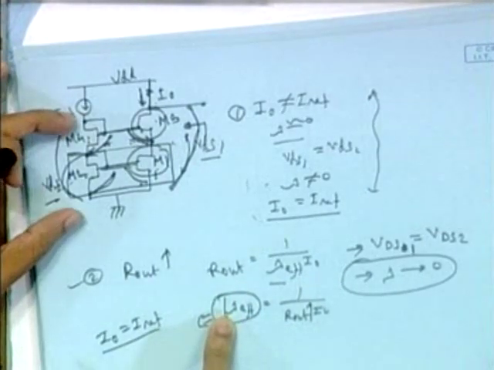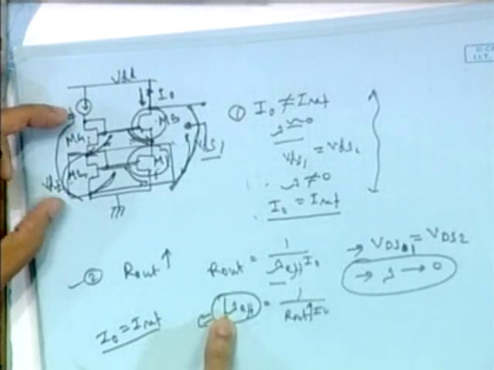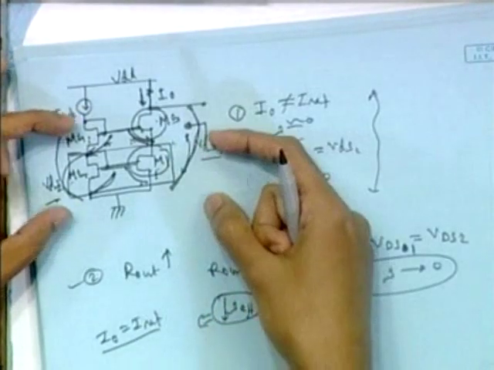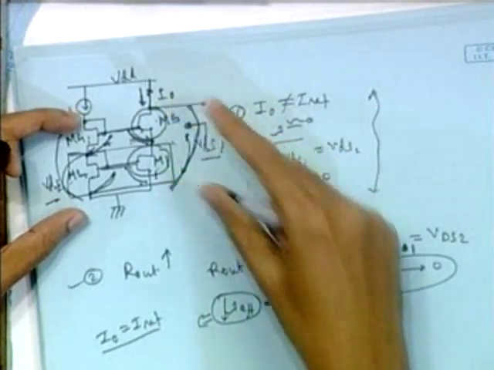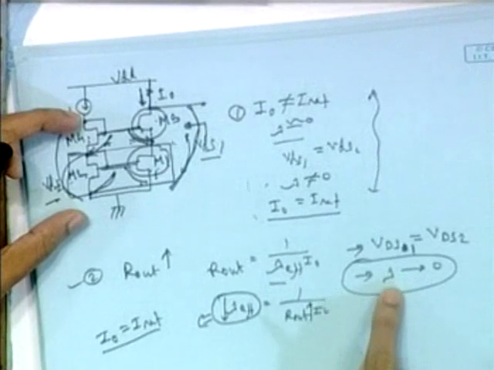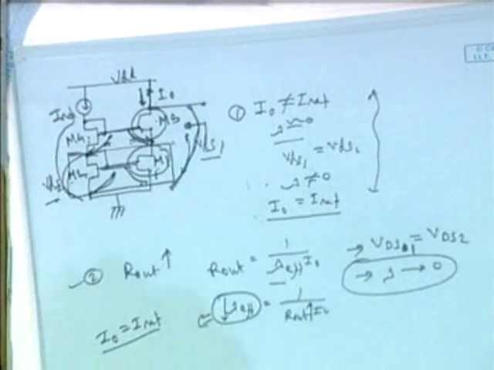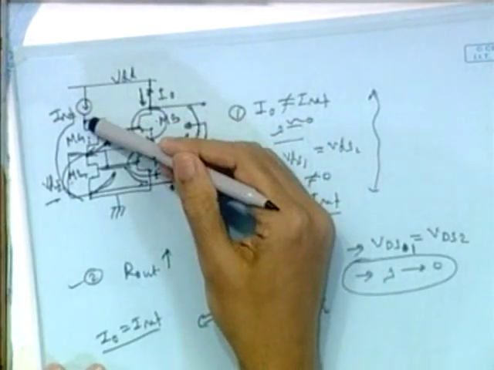So though we have some mismatch between this VDS and that VDS, because of this very small or almost 0 lambda, we will have I0 equal to IREF.